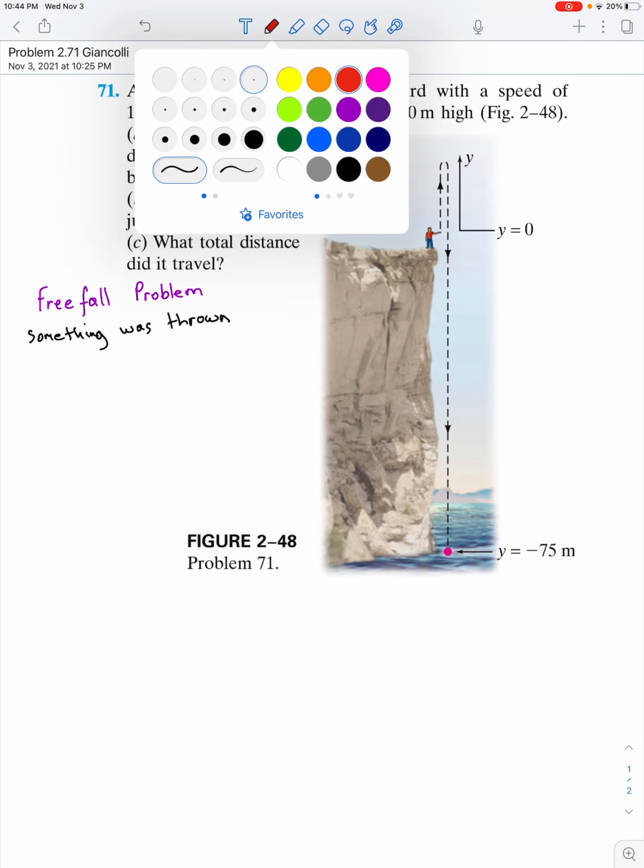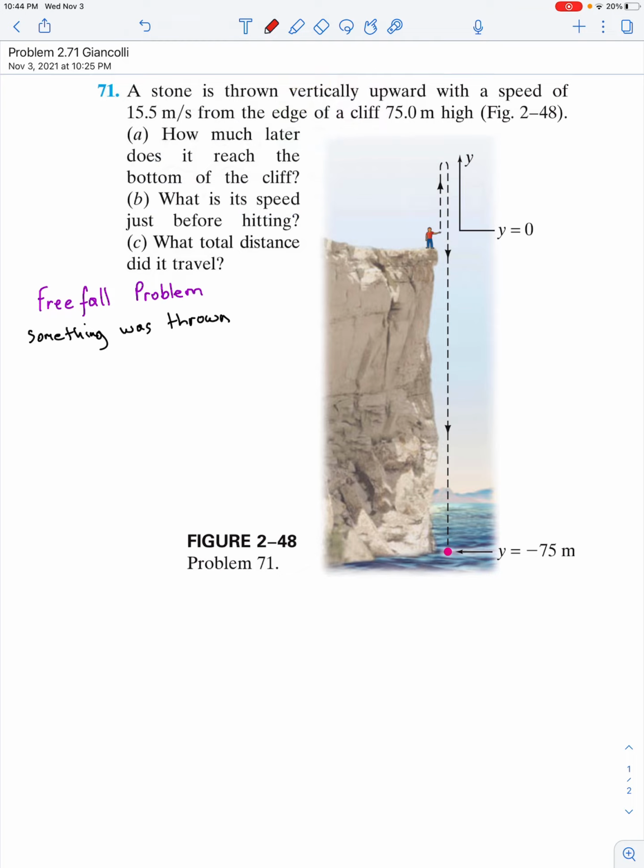What I like to do is label my displacement. The reason why I like to label my displacement is that it makes my life much simpler and doesn't allow me to get confused. So you could see here, what is the displacement? The displacement is the straight line distance from start to finish.